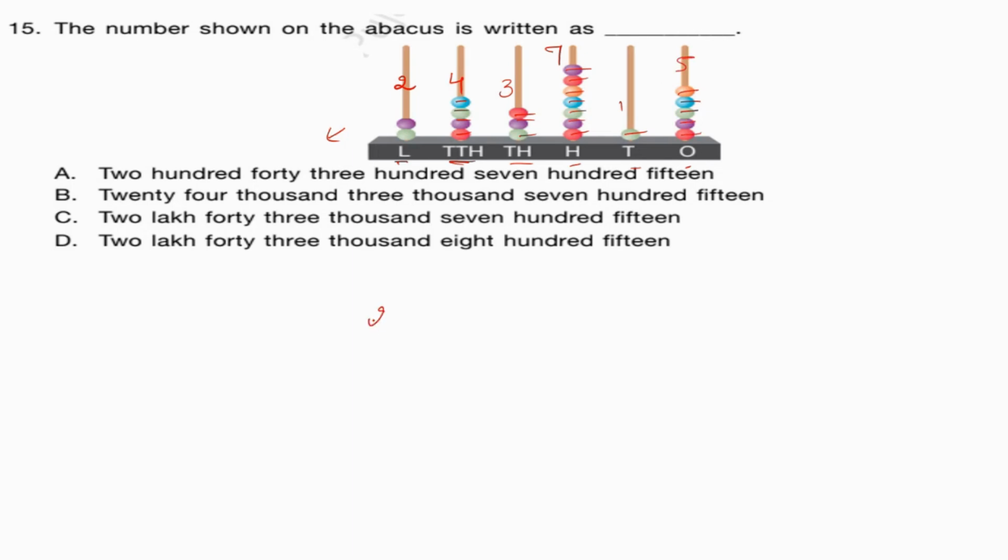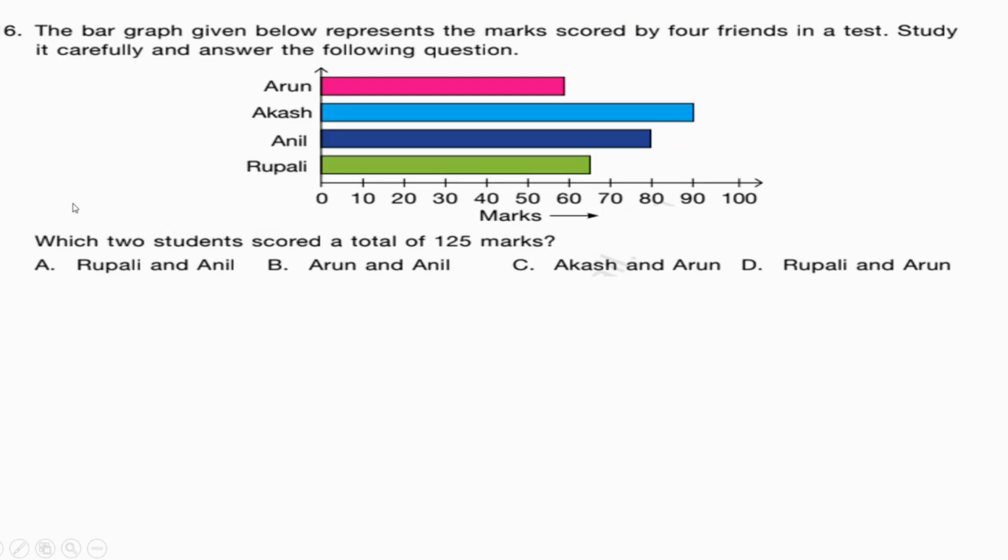So I can write 2,43,715. Where can you see that? 2 lakhs. Okay, check my answer. 2,43,715. So option C should be my answer. Clear?